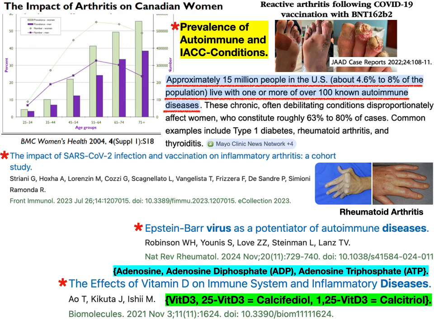In the upper right of this slide, one sees a panel from a paper, Reactive Arthritis Following COVID-19 Vaccination with the Pfizer mRNA Vaccine. This is a severe case of reactive arthritis, which is mediated by immune complexes, which were formed in response to the antigen and the adjuvant that was provided in the COVID-19 vaccine.